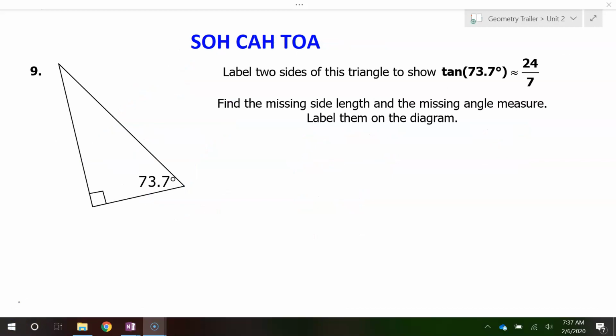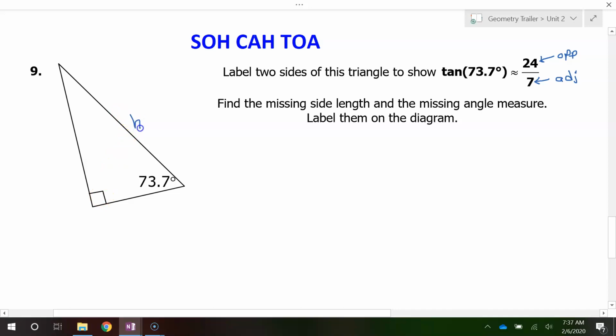Let's do the same thing for number 9. Tangent. We know that tangent is opposite over adjacent. That means the 24 must be opposite and the 7 must be adjacent. Okay, let's start with the hypotenuse, which is always across from the 90-degree angle.